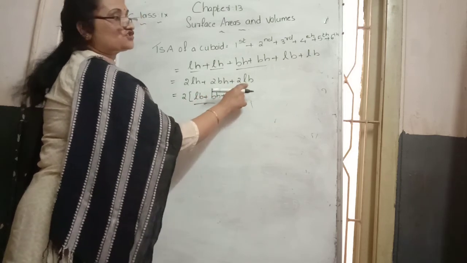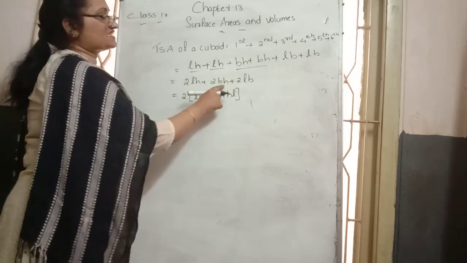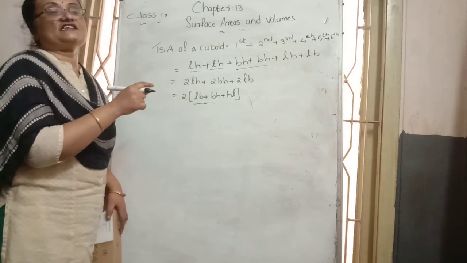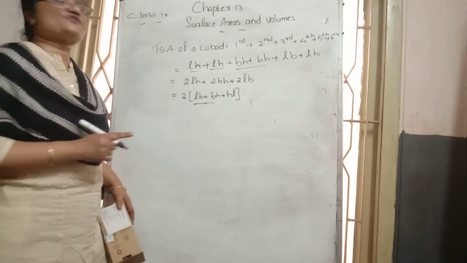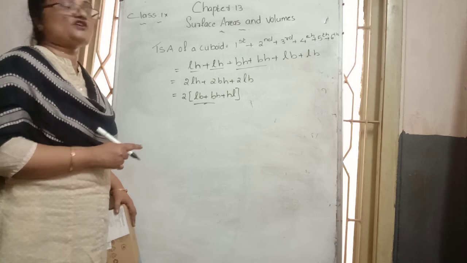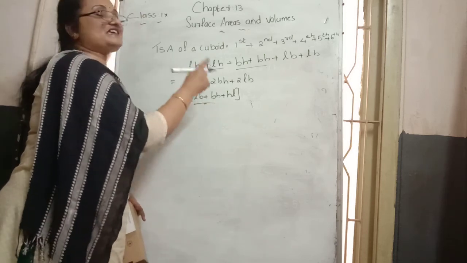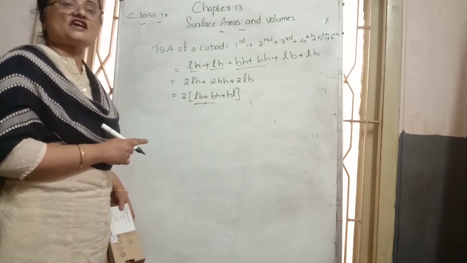First we write LB, then take 2 common outside, LB written first, BH second, and LH or HL third. So our TSA of a cuboid formula is found this way. What is the formula for finding the TSA of a cuboid? 2 into (LB plus BH plus HL) is the formula for finding the total surface area of a cuboid.